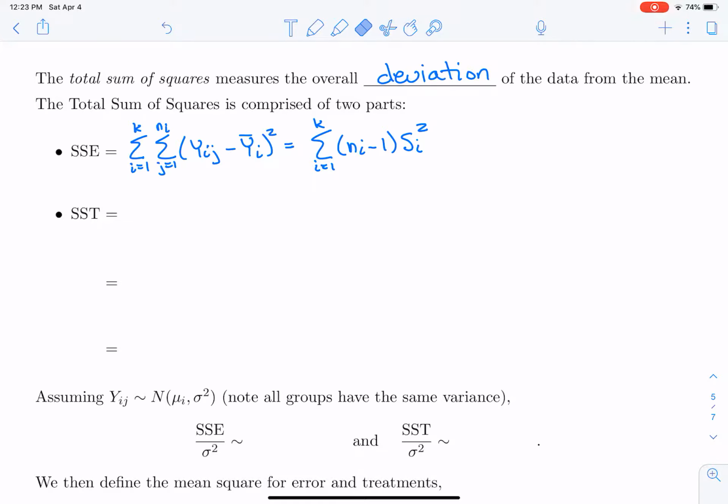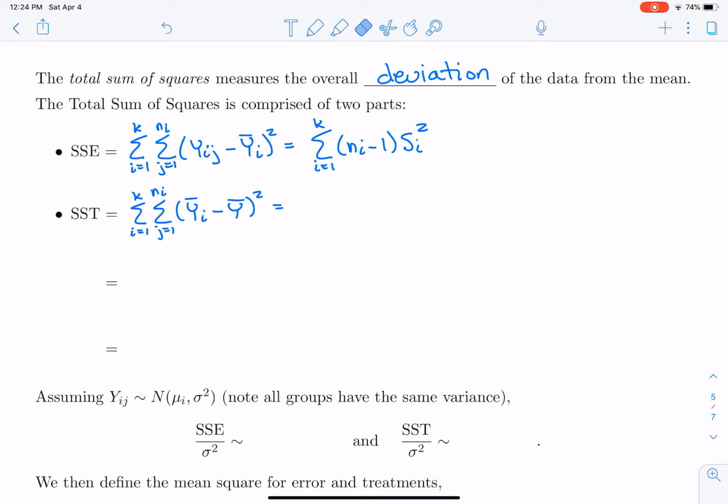Now, what about the sum of the squares of the treatments? We can write this as the sum from i equals 1 to k, sum from j equals 1 to n sub i of (y i bar minus y bar) squared. And you'll notice that that term, as we saw before, is constant with respect to the j sum.